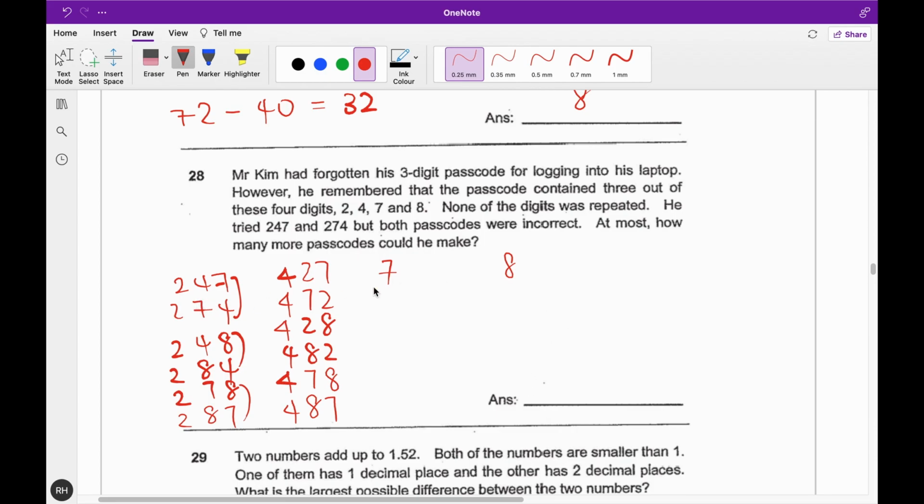So there will be a total of 6 times 4 options, which gives us 24 options, and he tried 2 numbers. So 24 minus 2 will give 22 more tries.